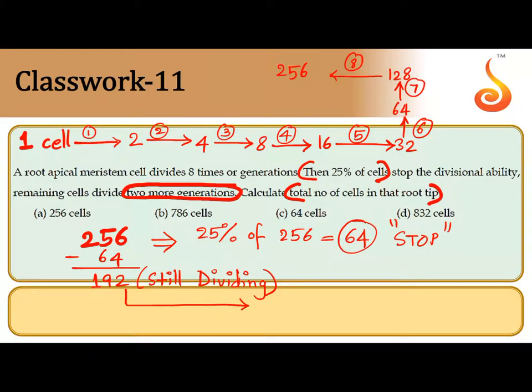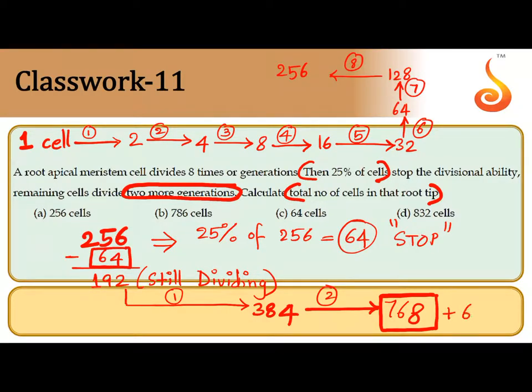That means 192 in one generation becomes double, 384. 384 becomes double, 768 in the second generation. So now I have 768 new cells plus 64 which had stopped dividing. So 768 plus 64, the answer will be 832. Okay.